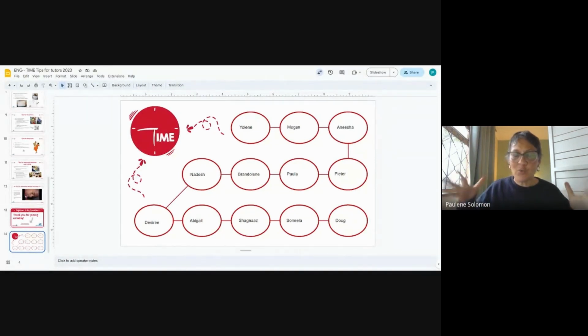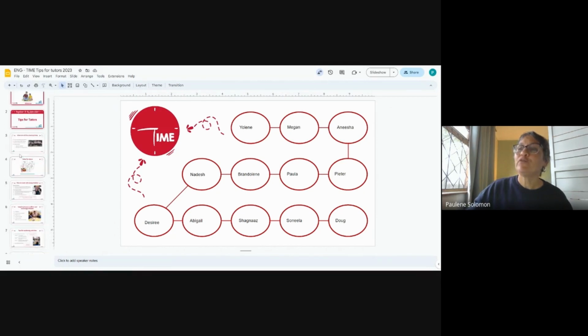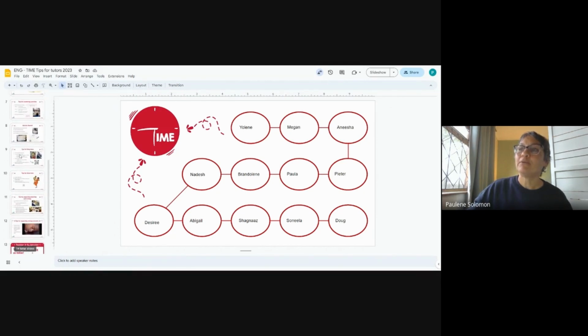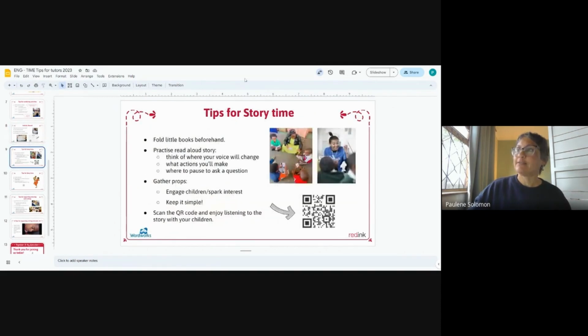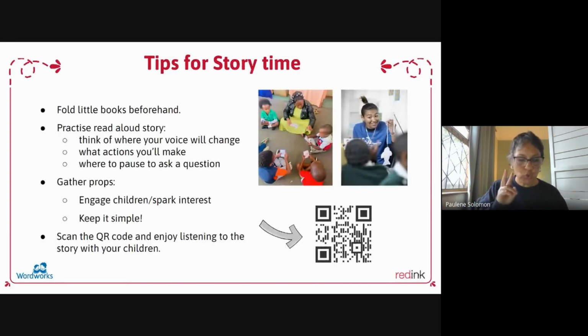It is such a wonderful way to see their progress through the term. Great. Okay, now we're going to move on for the last half an hour. What I said in the beginning we would do is look at two of the time activities, story time and the drawing and the writing.